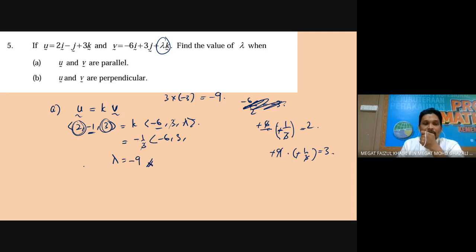Okay, for question B, if U and V are perpendicular, perpendicular means there is a vector U here and this is a vector V. So perpendicular forms a 90-degree angle. So U dot V equals modulus of U times modulus of V times cos 90 degrees.